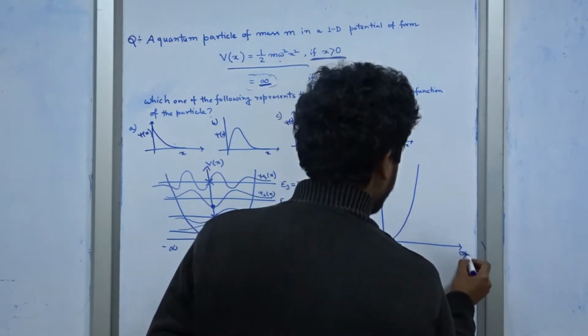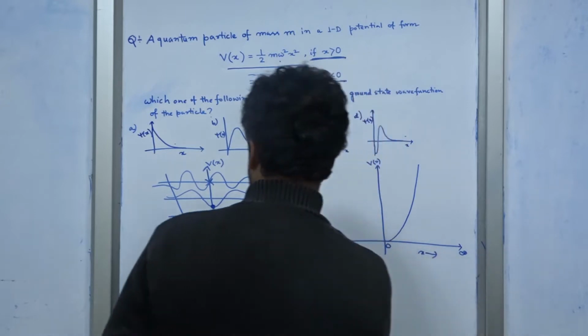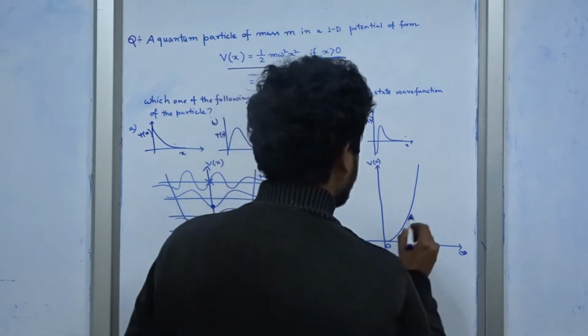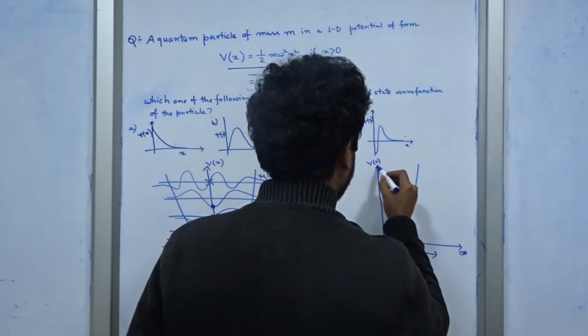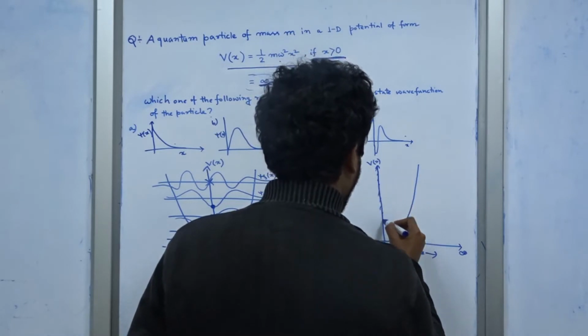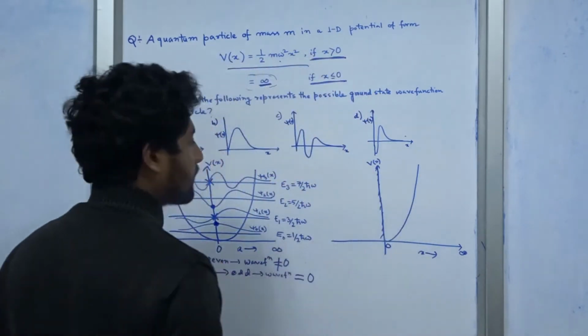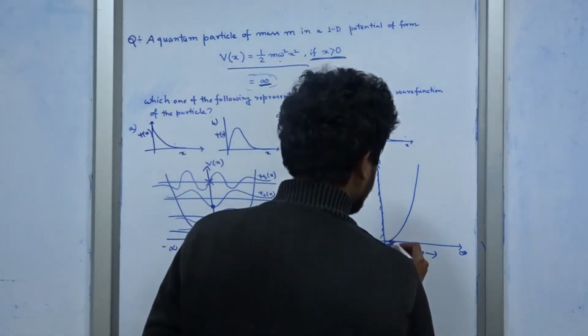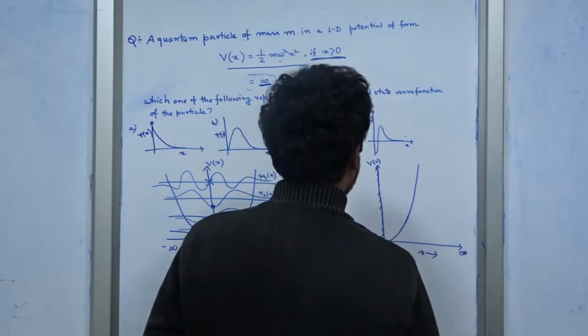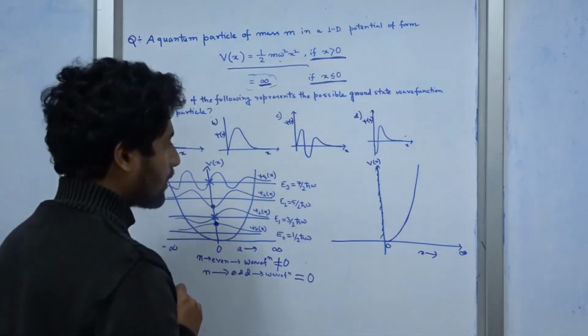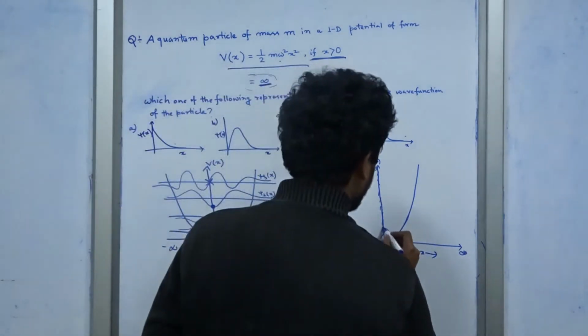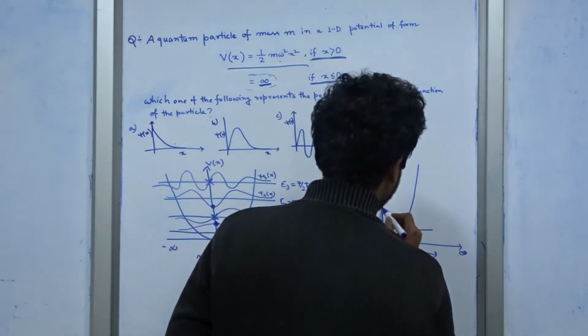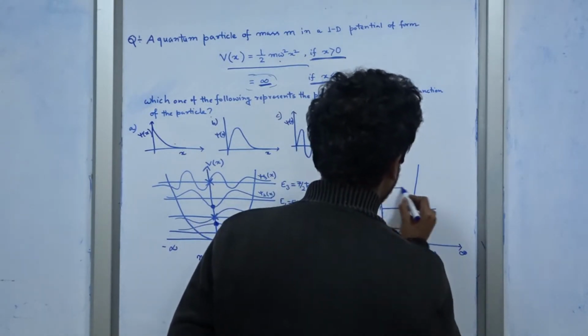There is 0, infinity, this is the x direction, and this is how the potential looks. This is the infinite value. V is infinity on this side, for x less than 0. So now the point is, what are the wave functions for this potential?